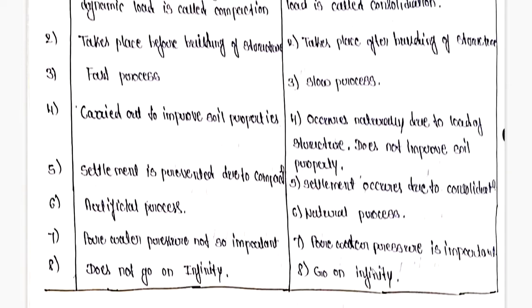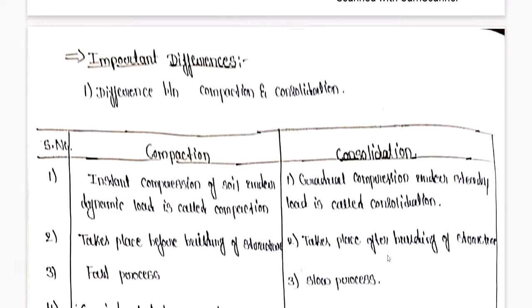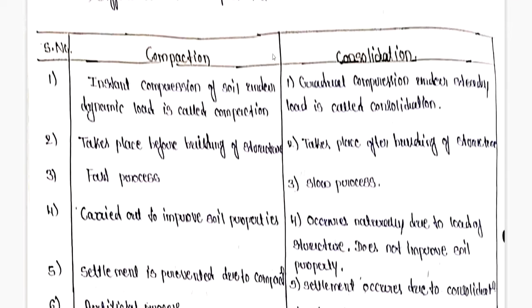Compaction is not an infinite process, it is just an instant process. Consolidation will go on increasing. As the life of the building progresses, consolidation will also increase, but the amount is very small, that is why it is not noticeable. Many times in your examination they have asked about the difference between compaction and consolidation. You can go through these differences.